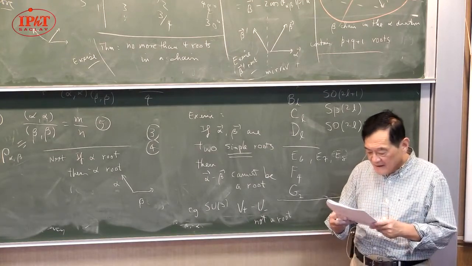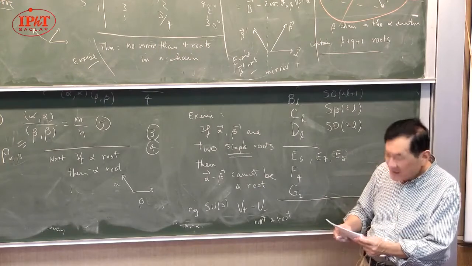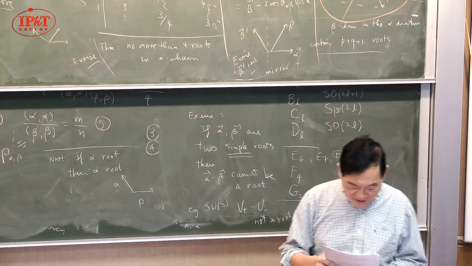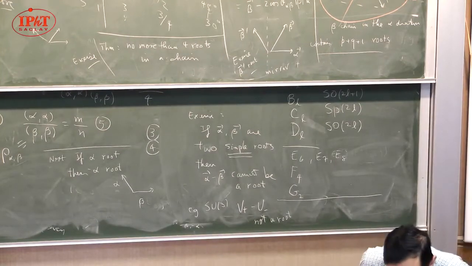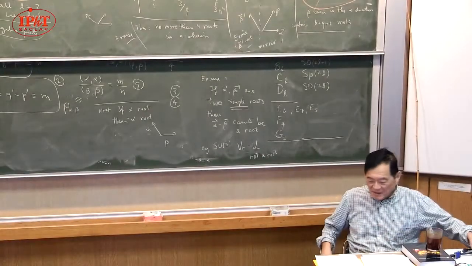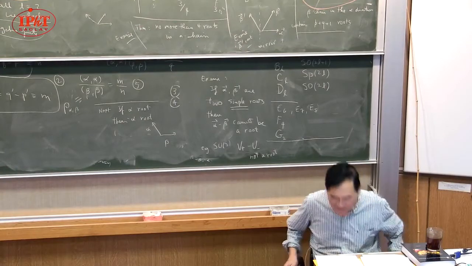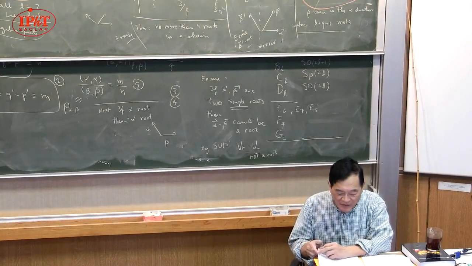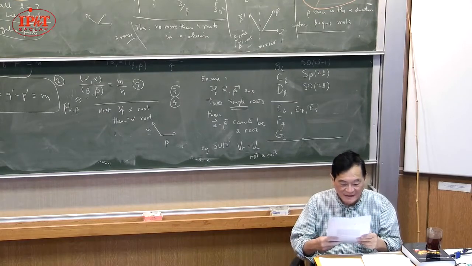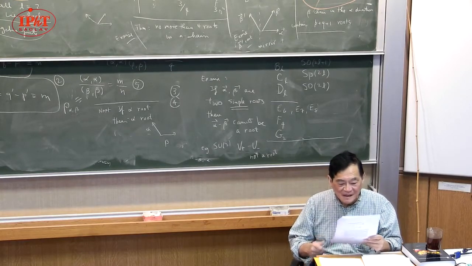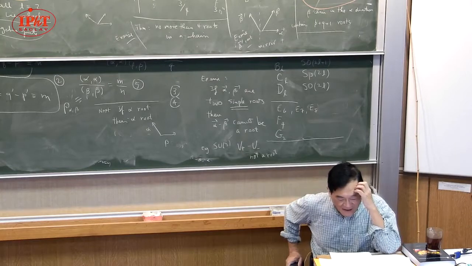Okay. Now I have 10 minutes left, and I could maybe only tell you one or two stories about Dynkin. So, with the next chapter, chapter 6.5, which is also Xeroxed and given to you, Dynkin diagrams.